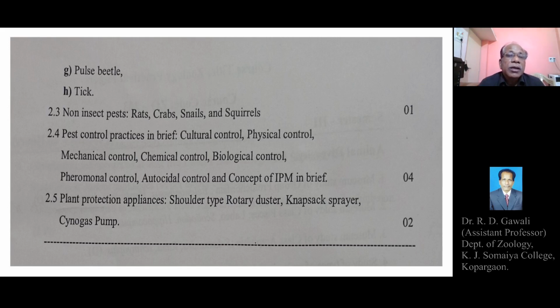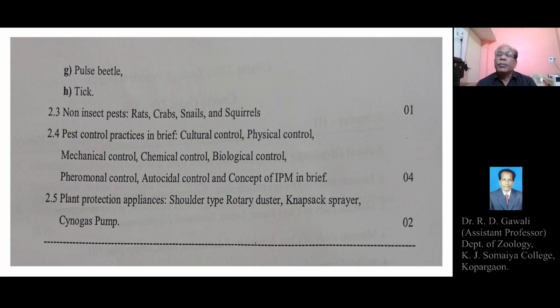And the last point is plant protection appliances. Plant protection appliances or pesticide appliances are the equipments which are used for the application of the pesticides. The pesticides occur in different states, that is liquid, solid, or granule, or fumes.